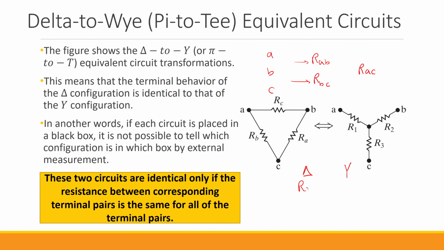So if RAB of delta is equal to RAB of Y, and if RAC of delta is equal to RAC of Y, and if RBC of delta is equal to RBC of Y, if all these conditions are satisfied, so all must be true, that means that these two circuits are completely equivalent.